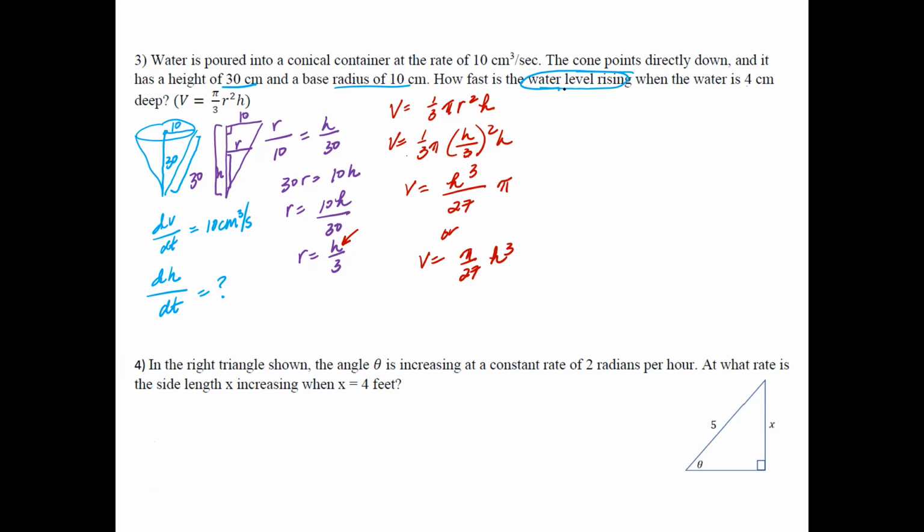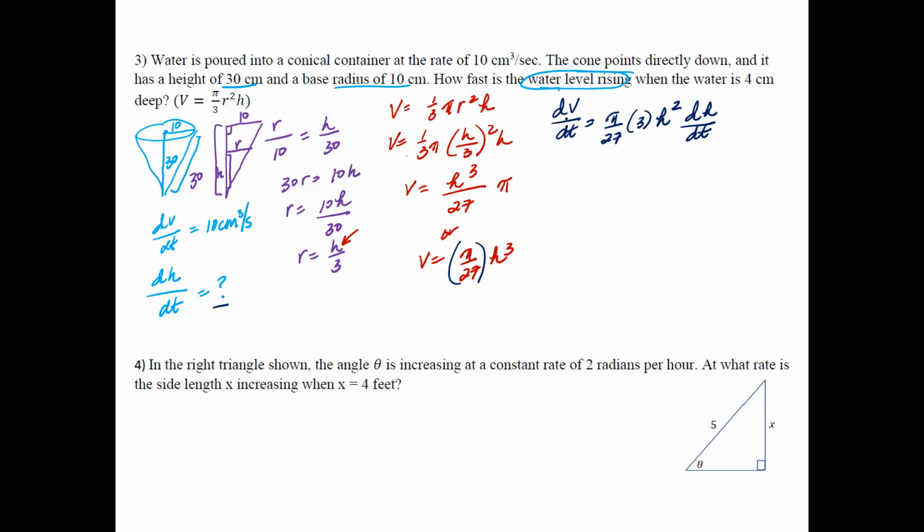So now let's go ahead and find the derivative of this. Derivative of volume is dV over dt, which is equal to, remember the pi over 27 is just a constant, so pi over 27 times the derivative of h cubed, which is 3h squared dh over dt. Remember, your goal is to find dh over dt, so I'm at least getting somewhere there.